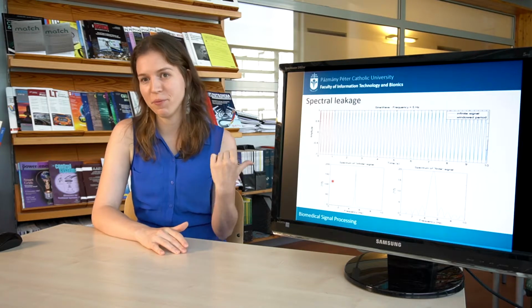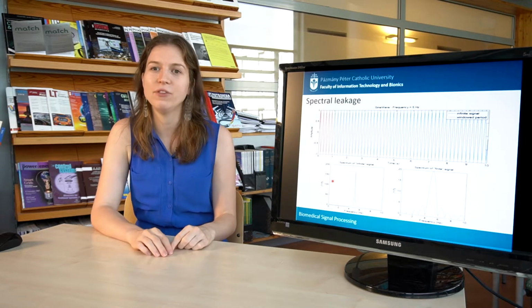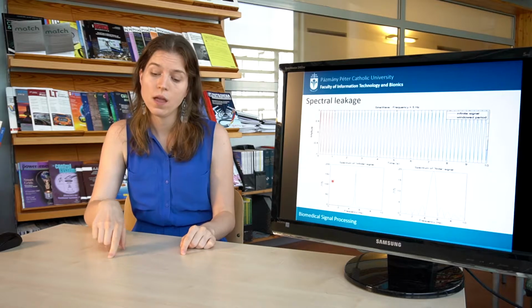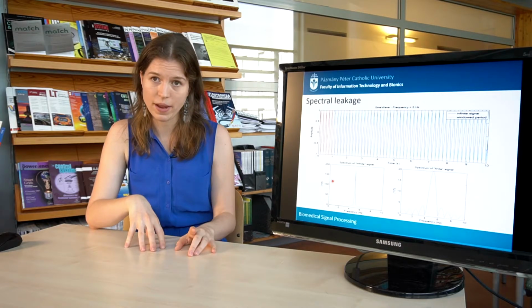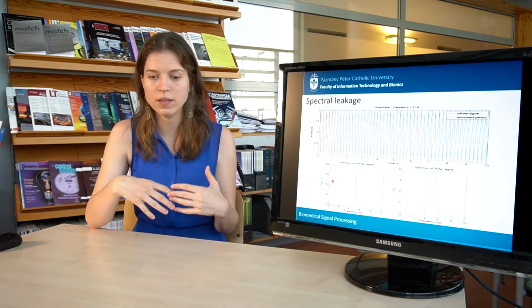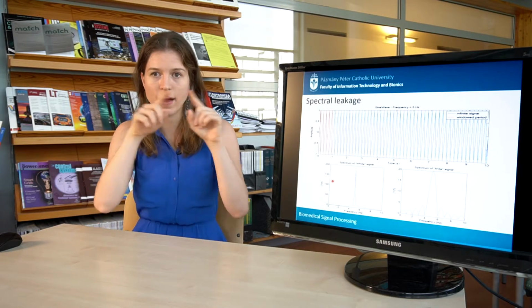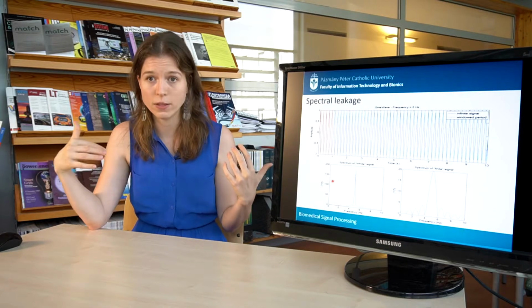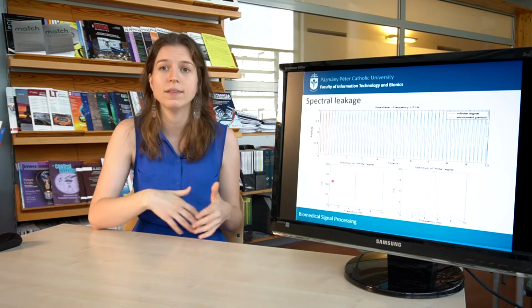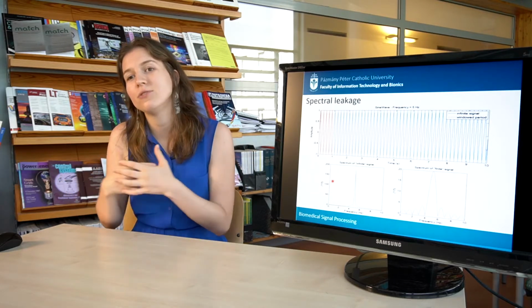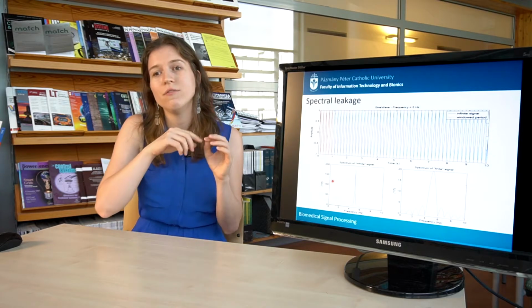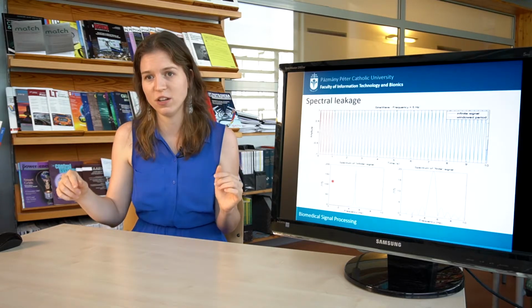Because if you remember from the previous lecture, I talked about windowing in the frequency domain. I mentioned: why don't we just get rid of frequency components by a simple rectangular window? And the problem was that in the time domain, it would cause a convolution with a sinc function.